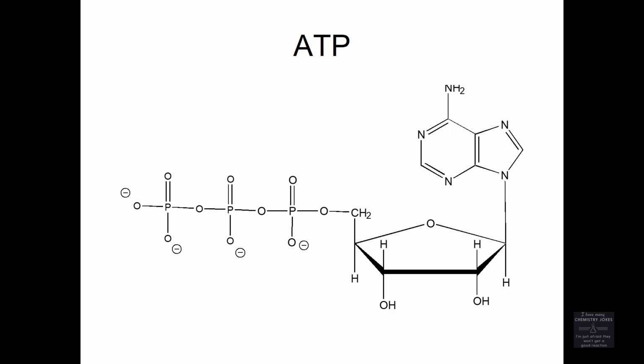This is a good leaving group. All this phosphate stuff is a good leaving group. This bond is very easily broken because it's a phosphate ester, just like those sulfonate esters. This is a primary carbon, so it's a primary phosphate ester.